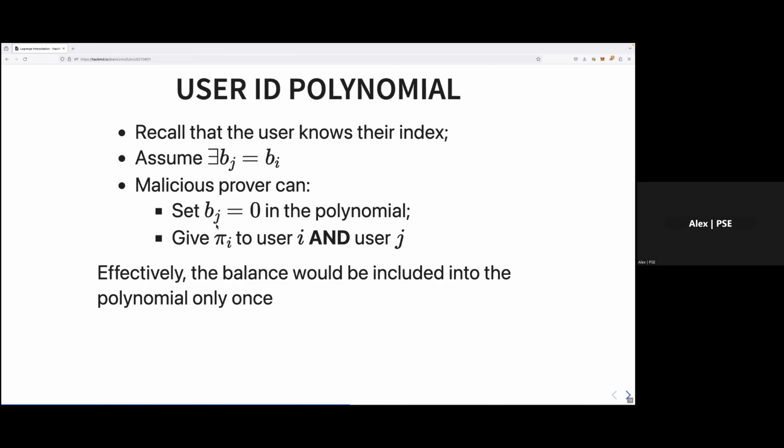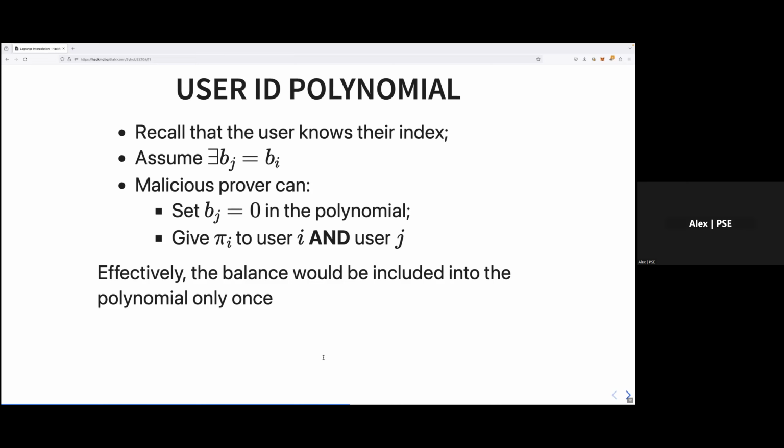Say for user J, set the balance to 0 in the polynomial, but then provide the same proof as for the ith user to user J. So effectively, the balance is included in the polynomial only once, and it understates the total liabilities by that value.